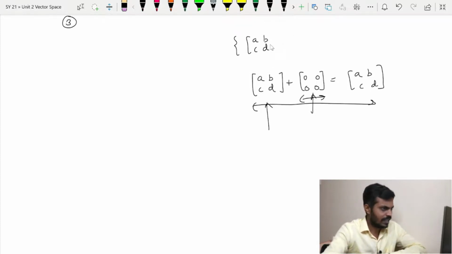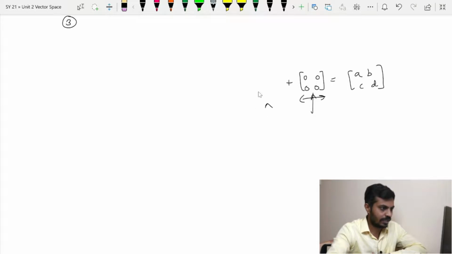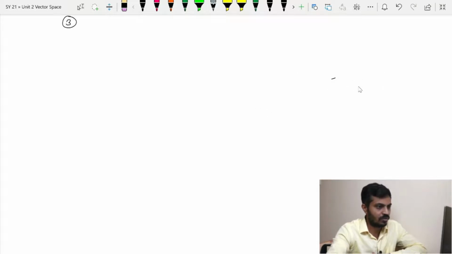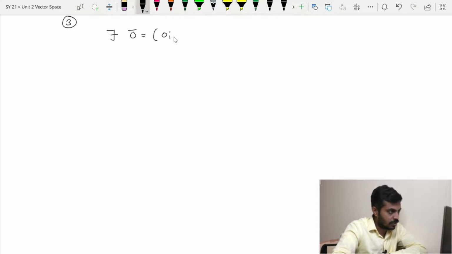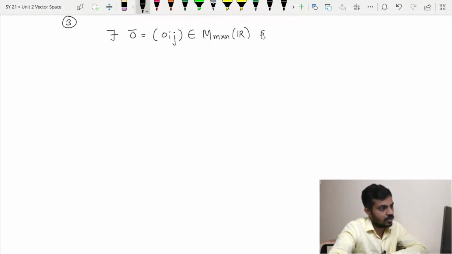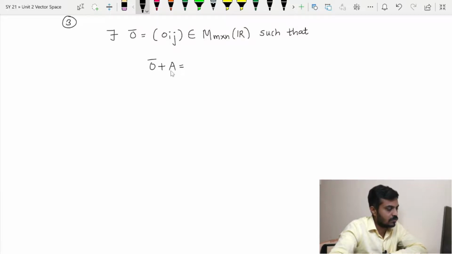Now I will directly write down, and I will give some notation to it, maybe 0ij. I will say there exists, let us call it 0 bar, which is equal to 0ij, belonging to this set, such that 0 bar plus A, where A is nothing but Aij, is equal to 0ij plus Aij.